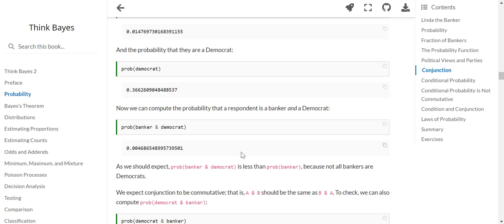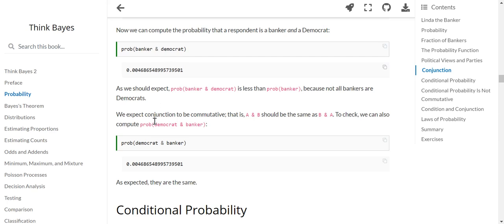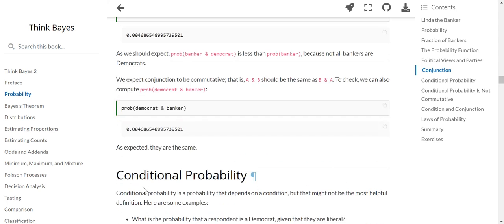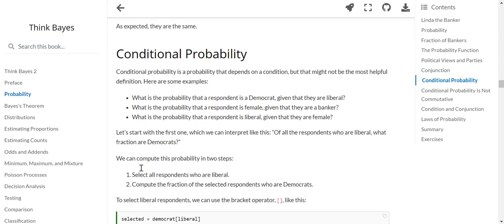Also, banker and Democrat and Democrat and banker should be the same. Giving this into the function, he gets 0.004 as the output.